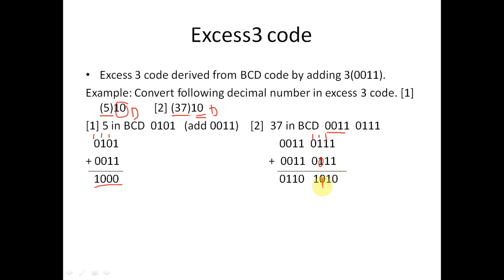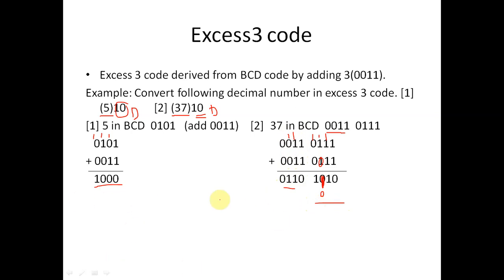This one is 0 with carry 1, and this one is as it is. Now 1 plus 1 is 0 with carry 1. Then 1 plus 1 is sum 1 with carry 1. This one is as it is, and this is the final answer.